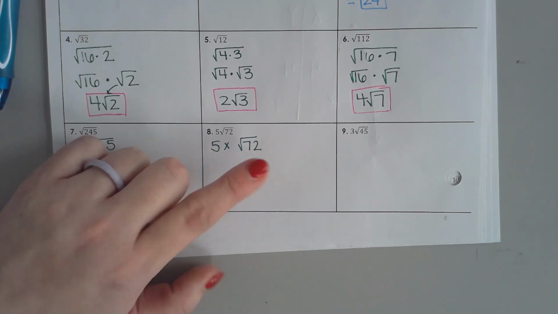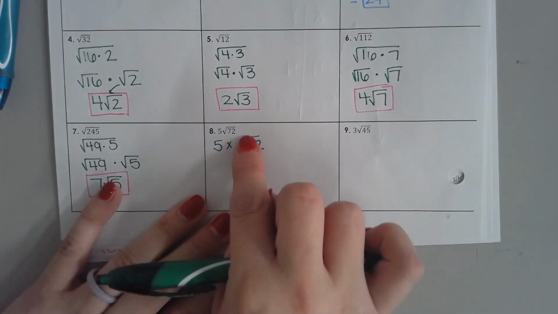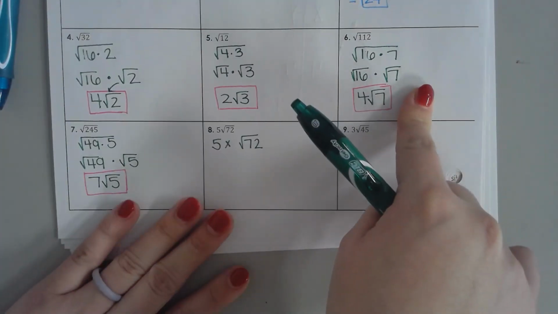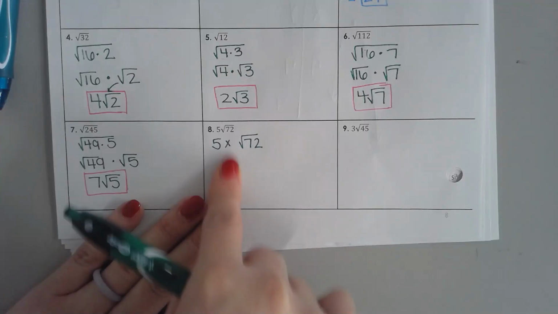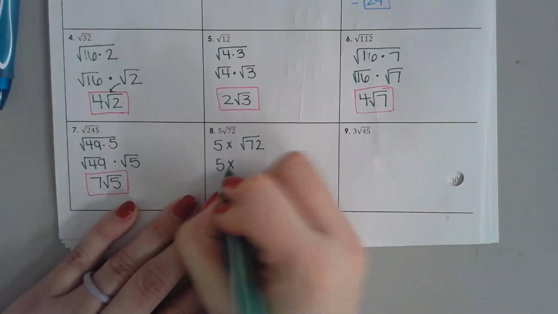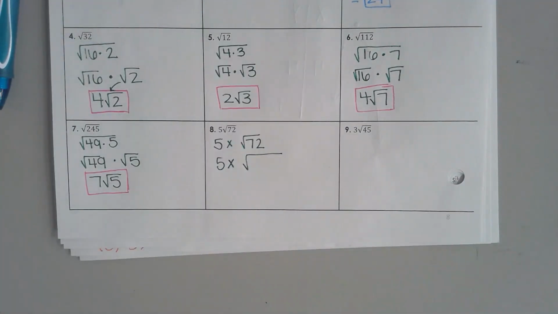So what I have to do is treat the 72 like I've done these previous 4. I'm not going to do anything with the 5 just yet, so I'm just going to bring it down. I need to split up the 72 to find the largest perfect square that goes into it.